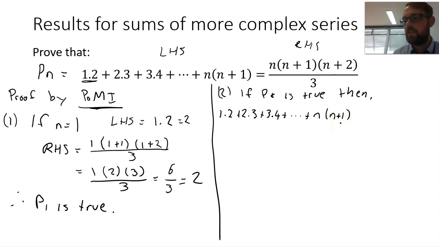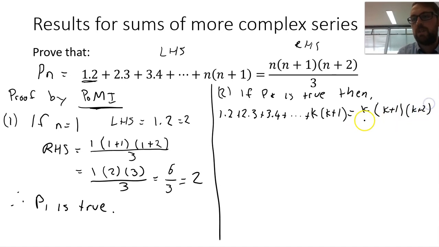Except I want to use my k's this time because we're calling it P of k. So we call it k, lots of (k plus 1), and it has to equal the other side, k times (k plus 1) times (k plus 2), divided by 3.